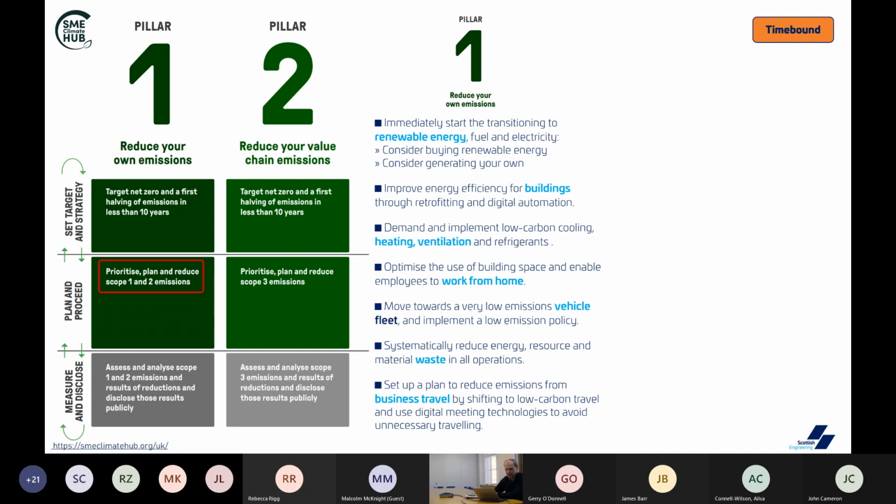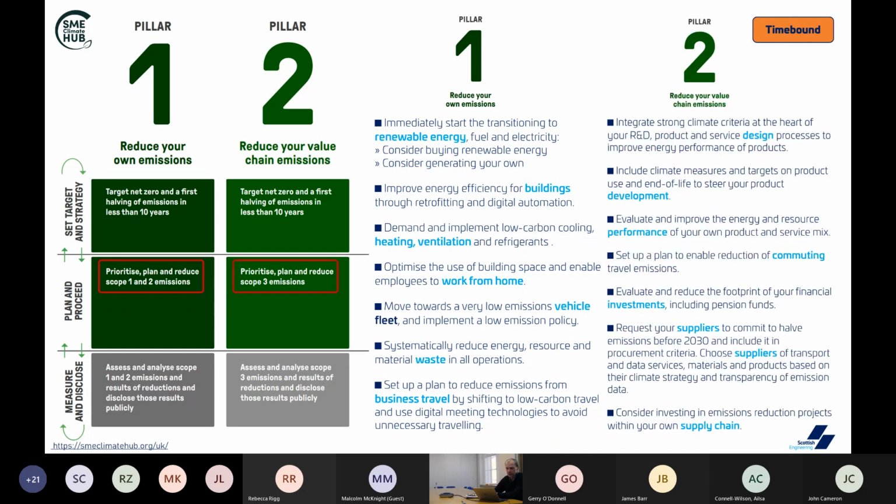It's your own emissions. So that means looking at your building, your ventilation, your heating, your lighting. It's looking at your waste from your production. It's looking at your business travel, and it's looking at the energy, scope 2, the electricity you buy, gas you may or may not buy. So that's what this is about.